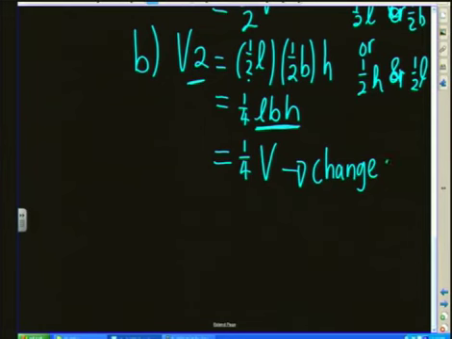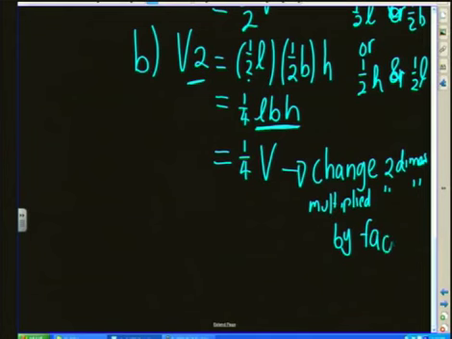So we changed 2 dimensions, or in other words, we multiplied 2 of the dimensions by a factor. So when we multiplied 2 dimensions by the factor, if we call the factor K, the new volume is going to be k squared times the original volume.